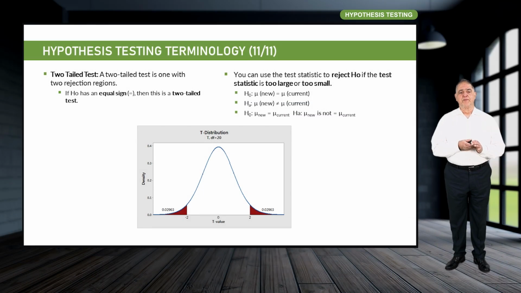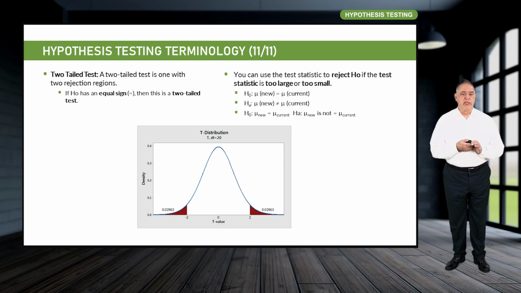Two-tailed test. This is one with two rejection regions. So if the null hypothesis has an equal sign, then this is a two-tailed test.